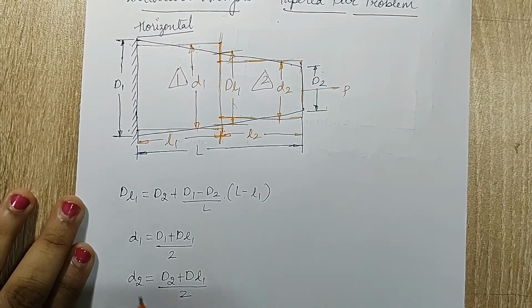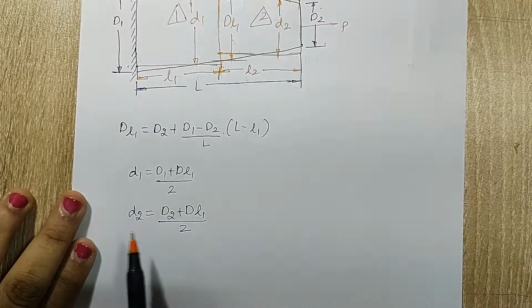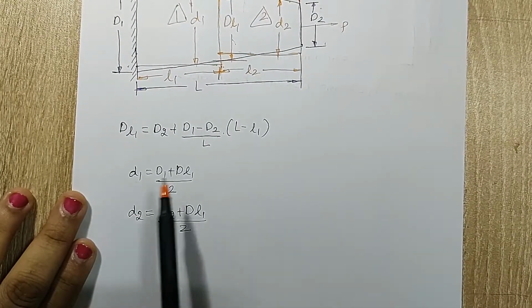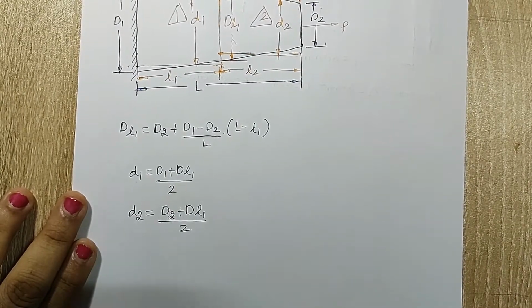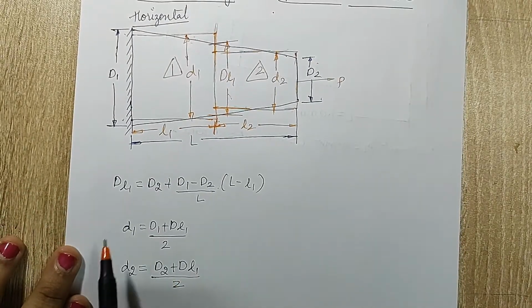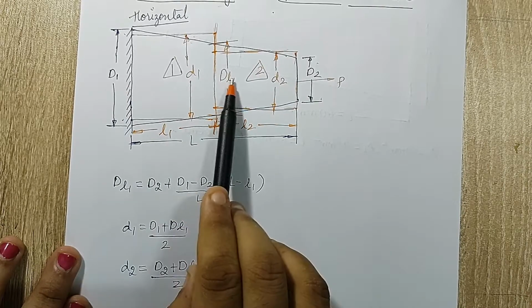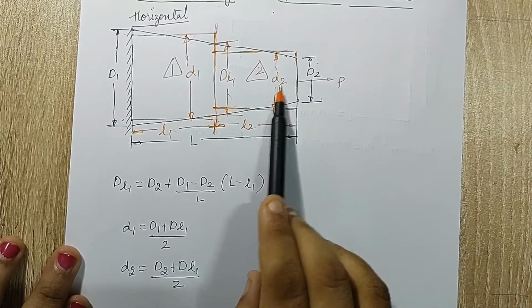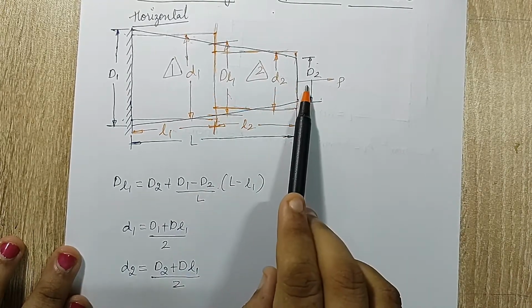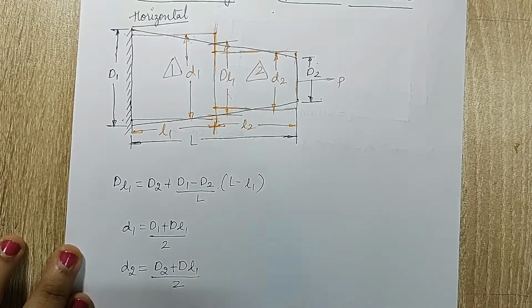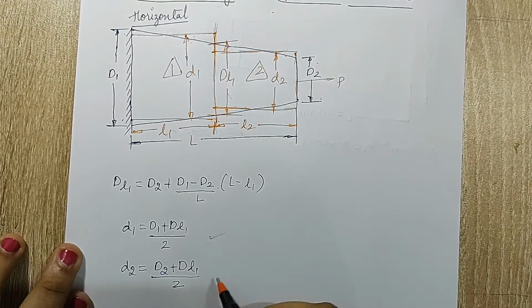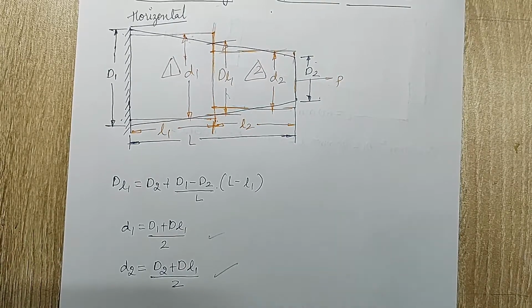Now the use of this diameter is in calculating this D1 and D2, which is calculated as the average of these diameters. Now how should I remember the formula? D1 is between capital D1 and DL1. So I'll take the average of these two. And for D2, which is lying between DL1 and capital D2, I'll take the average of these two values. So you can see these two formulas will then give me the value of D1 and D2.